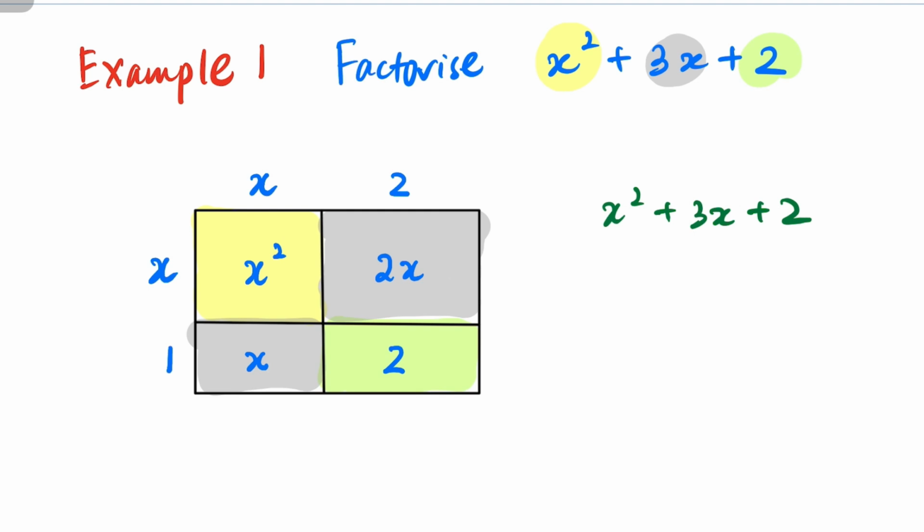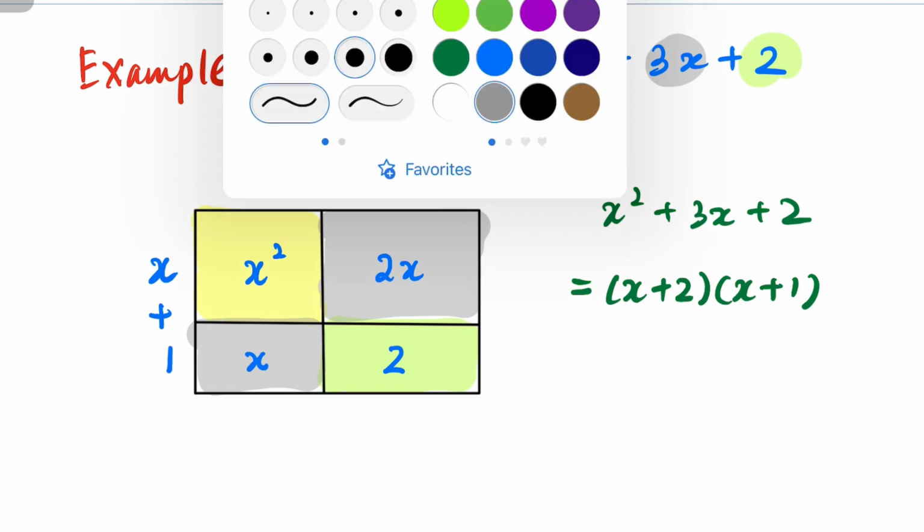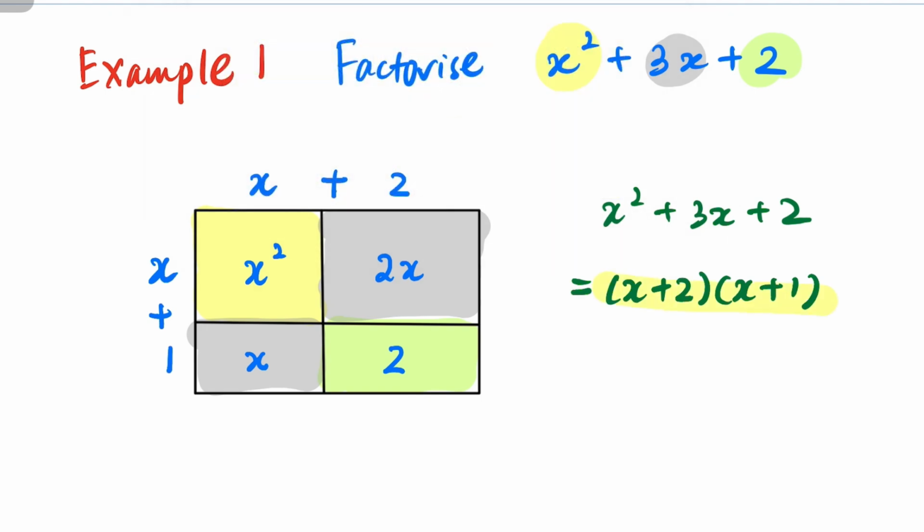So therefore, our factors would be x plus 2 and x plus 1. So in other words, when we factorize x squared plus 3x plus 2, we would get x plus 2 and x plus 1. Notice here that we have a product. In this case, it's the product of x plus 2 and x plus 1, where x plus 2 and x plus 1 are the factors of x squared plus 3x plus 2.